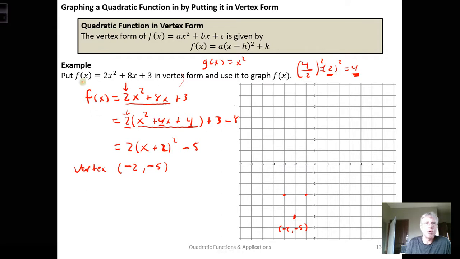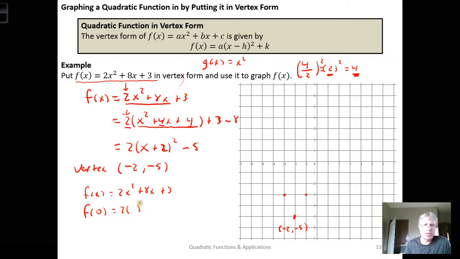And it's nice to get one more point. I'm going to take the original function, f of x equals 2x squared plus 8x plus 3. And I'm going to get the vertical intercept by plugging in x equals 0, because x is always equal to 0 when we cross the y-axis or the f of x axis.